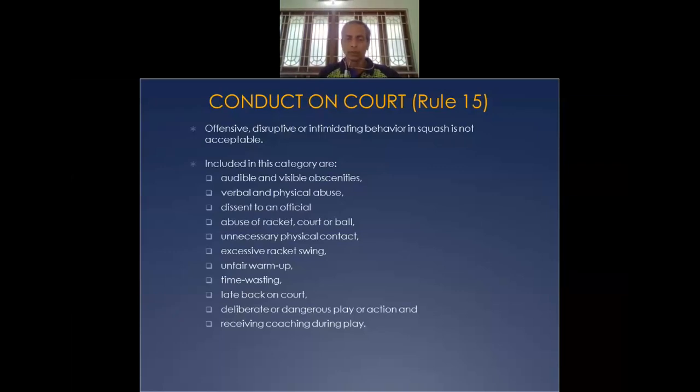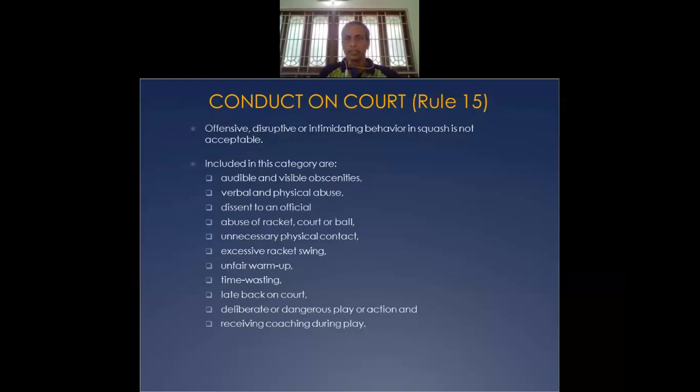And players also make a note that the moment time is called, it is play. Being very late back on court can be a conduct stroke, or marginal lateness can be a conduct warning. But it has to be immediately tackled by the referee. Don't feel awkward to talk to the player.